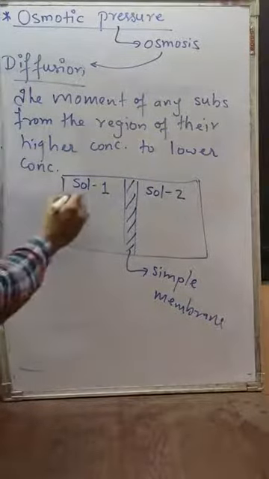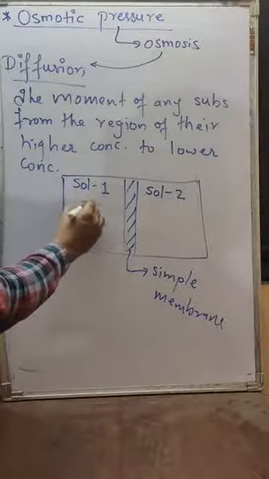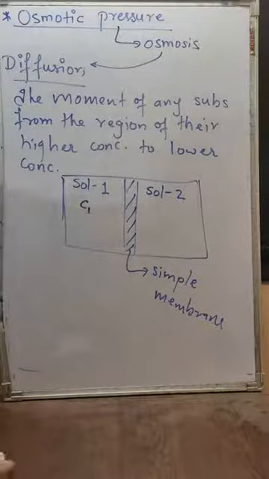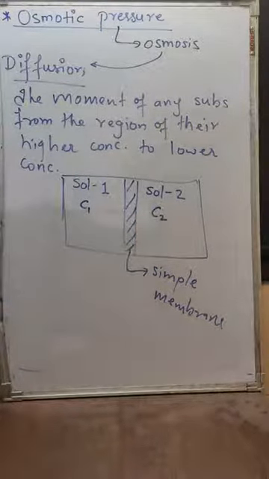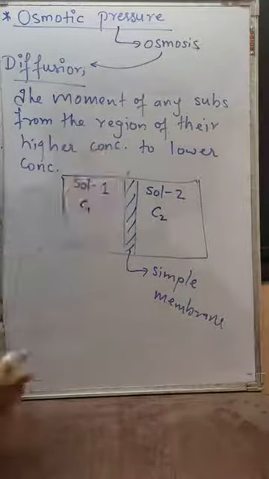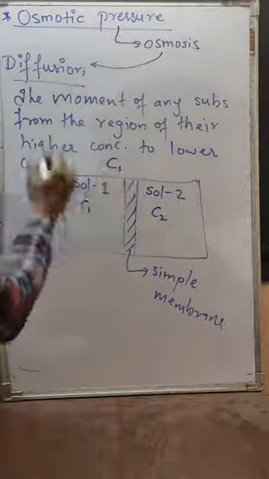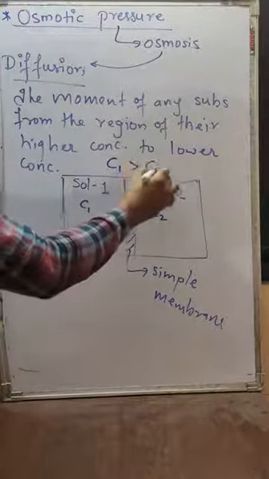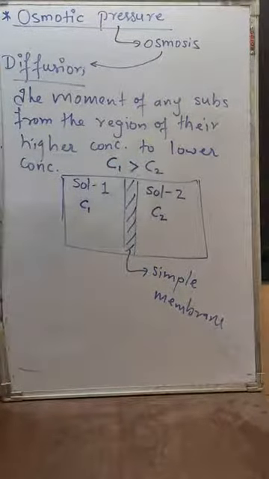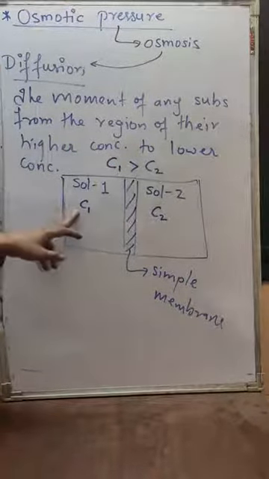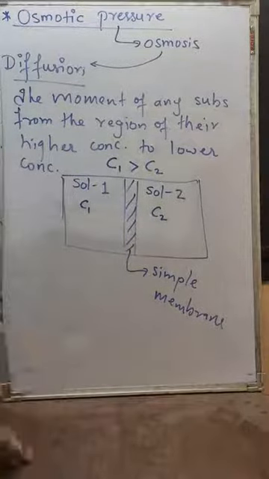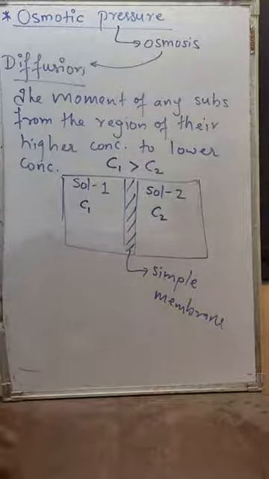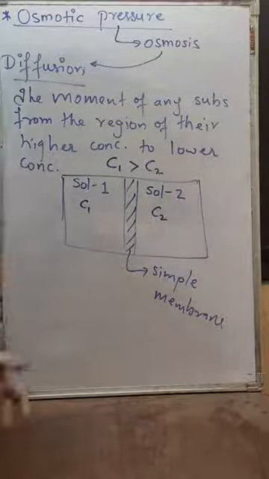Now suppose solution 1 has a C1 concentration and solution 2 has a C2 concentration. Suppose C1 is greater than C2, meaning the concentration of solution 1 is greater than the concentration of solution 2, that is C2.